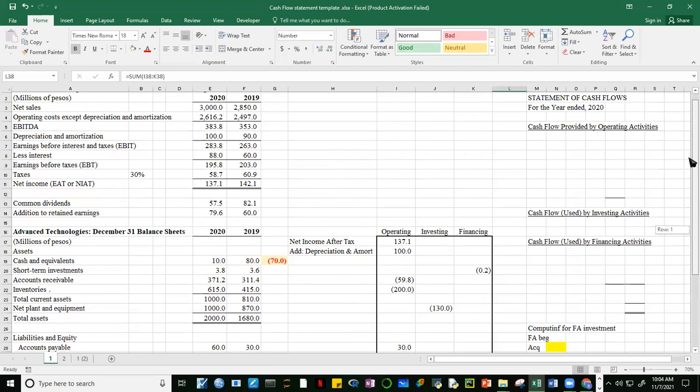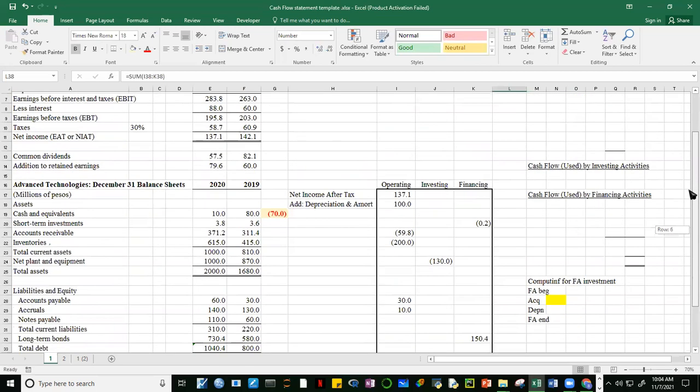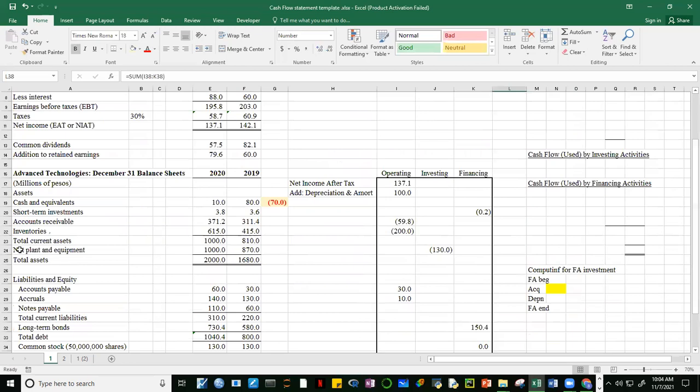The adjustment comes from your net plant and equipment. The net plant and equipment here from 870 to 1,000 does not really reflect how much was invested in net plant and equipment. Why? Because it does not give us the cost, because this is already netted against depreciation.